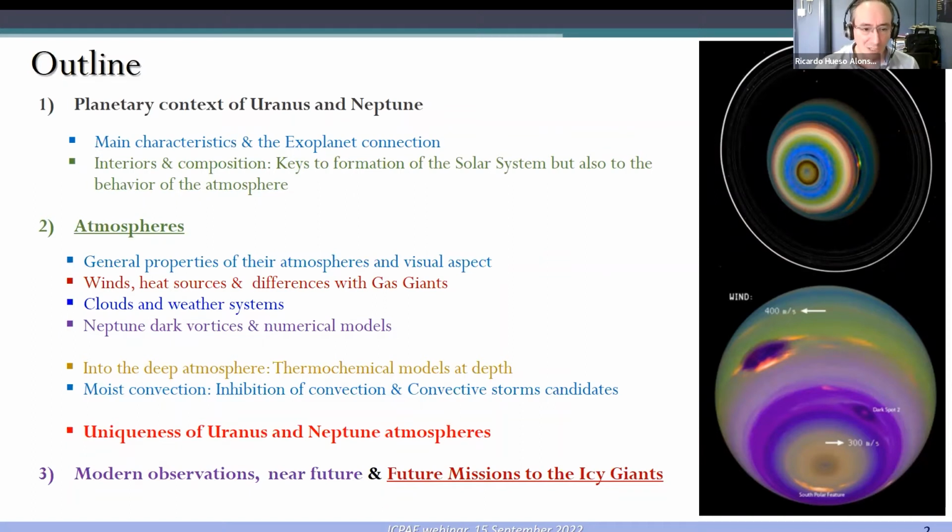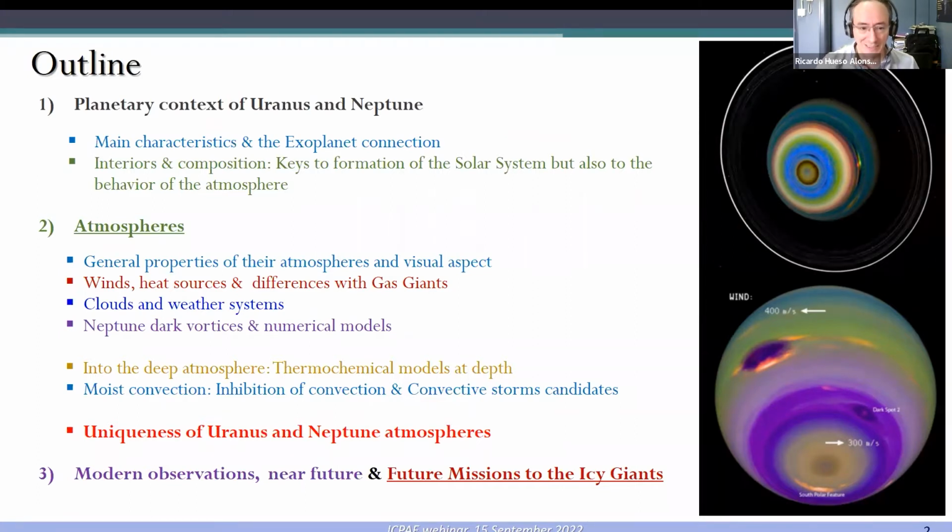I will be talking about the planetary context of Uranus and Neptune, which are their main characteristics, why they are important, and one of the reasons they are important is because they are serving as a bridge to understand some very common exoplanets. I will also be showing that there are important questions related to their interior and composition.